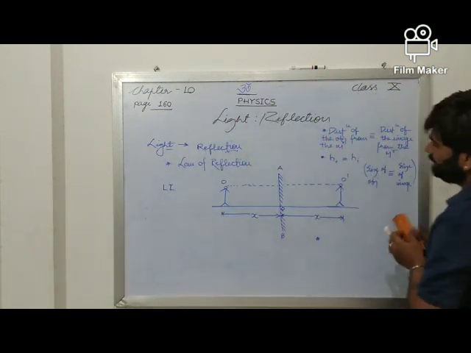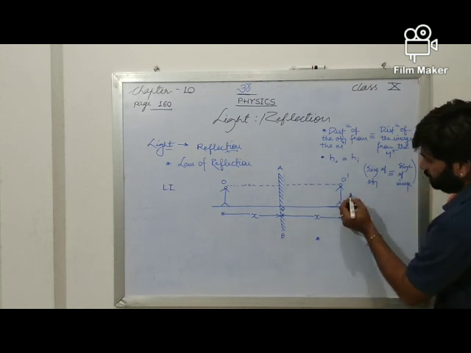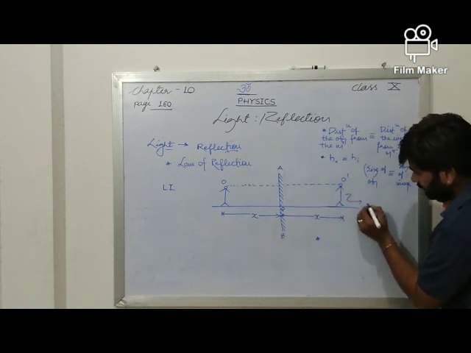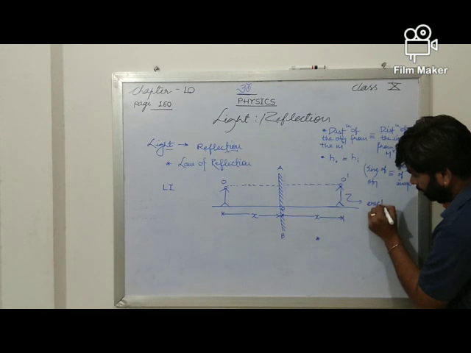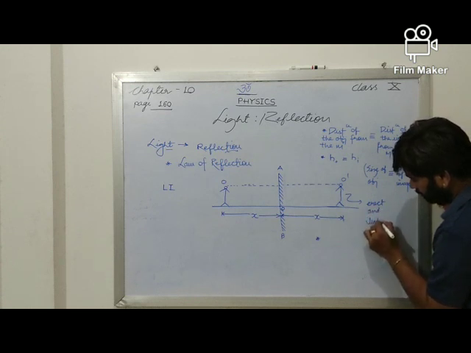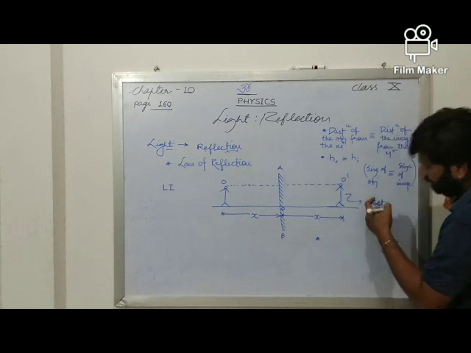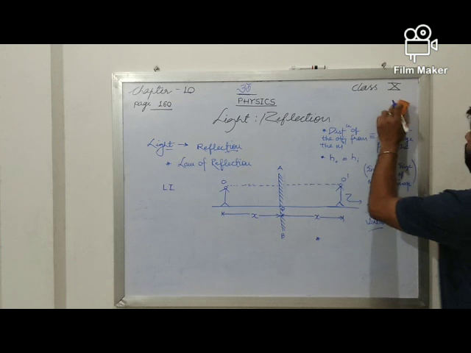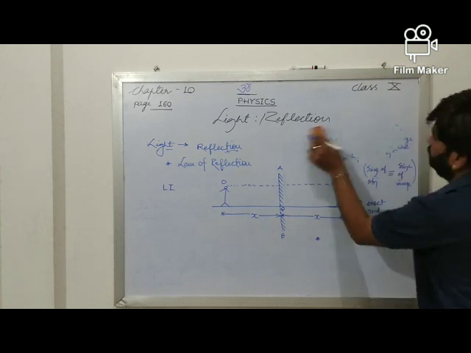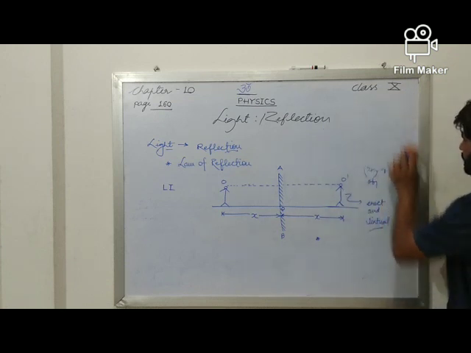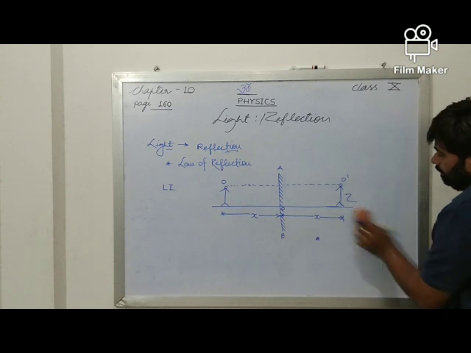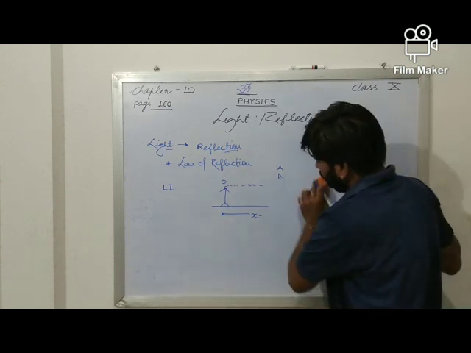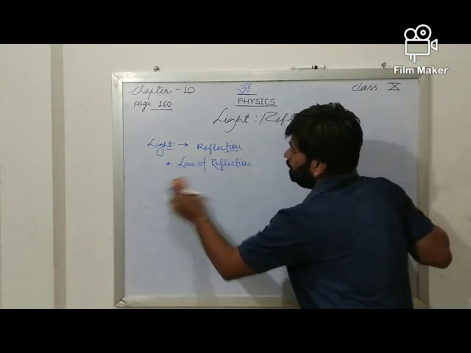Now, one more thing is that the nature of this image will be erect and virtual. We will see what is erect and what is virtual. This was the basic characteristic of the image formed by plane mirror.